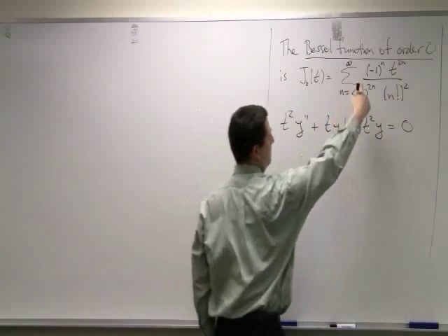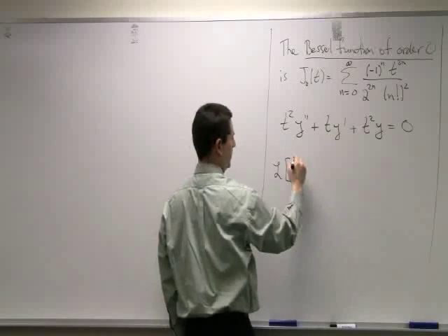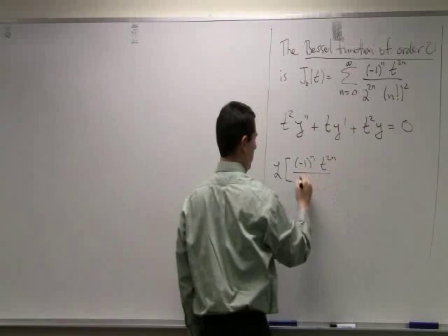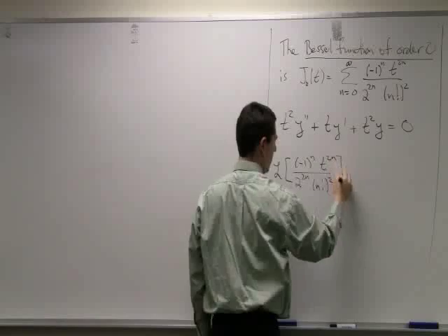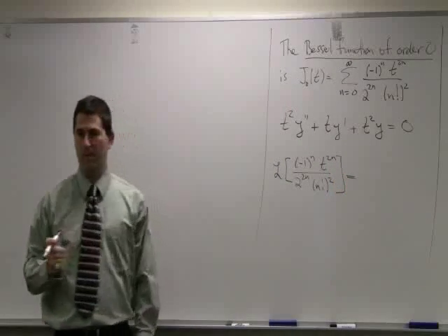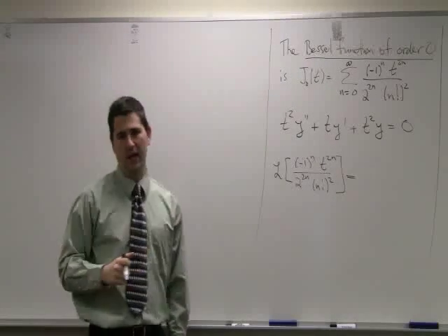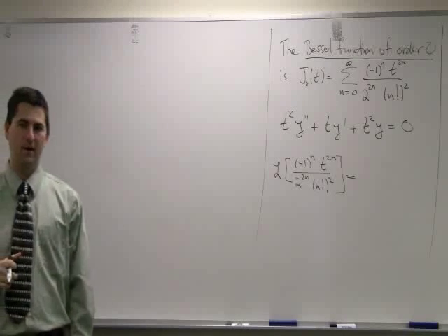So what is going to be the Laplace transform of a given term? Minus 1 to the n, t to the 2n over 2 to the 2n, n factorial squared. Well, don't let the fact that it looks complicated fool you. It's actually very, very easy.